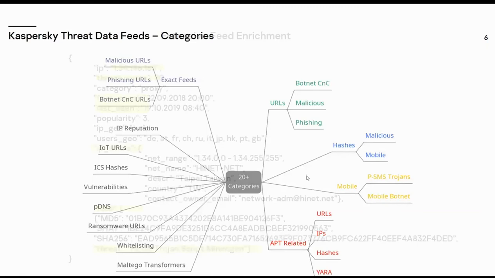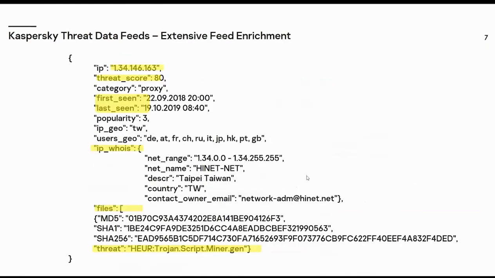And this is one of the things that we do with our threat intel, that we run an extensive enrichment process to feed and build our intelligence with contextual data that would allow you to draw a complete picture for any attack, so to speak.